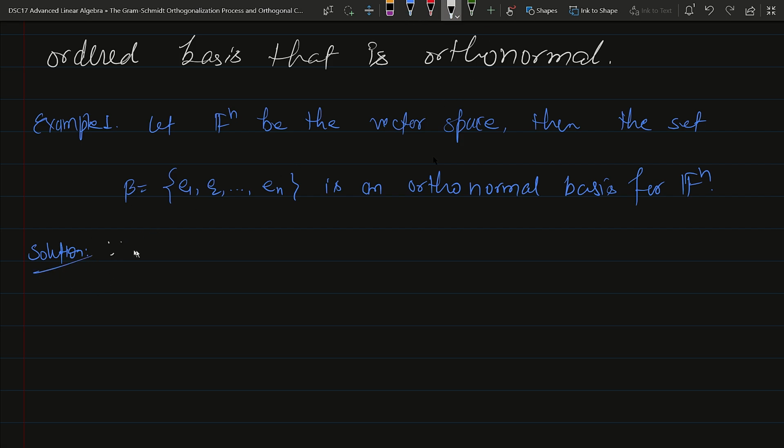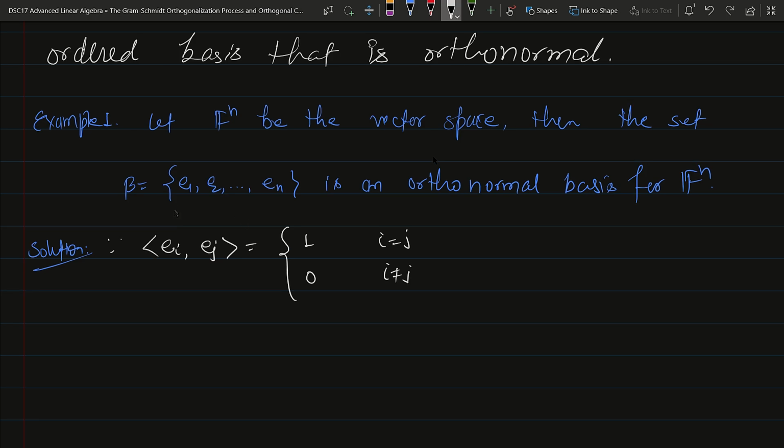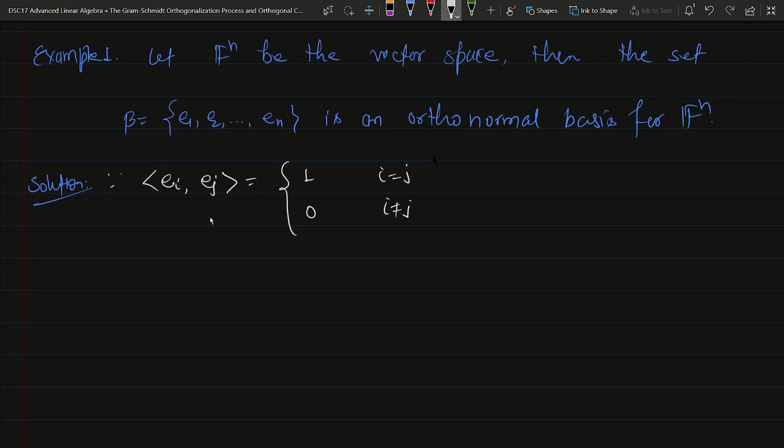And we know this thing is true as, so let me write, since if we take the inner product of Ei and Ej, then this is equal to 1 if i equals j and 0 when i is not equal to j, right? इसका मतलब this beta is an orthonormal set, and we know this is the standard basis which is ordered as well, okay.